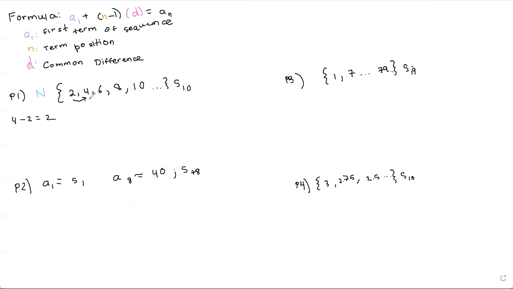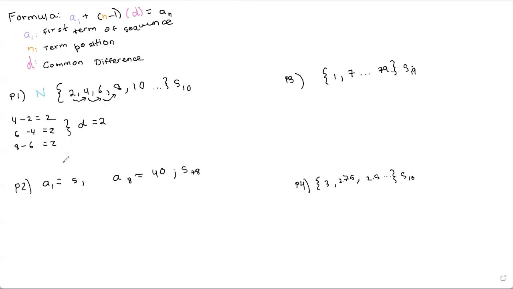Then to get from 4 to 6, we add 2. A good rule of thumb is to check 3 times before writing the rule. 8 minus 6 is 2. So we can see that our d value, or the common difference, is equal to 2.